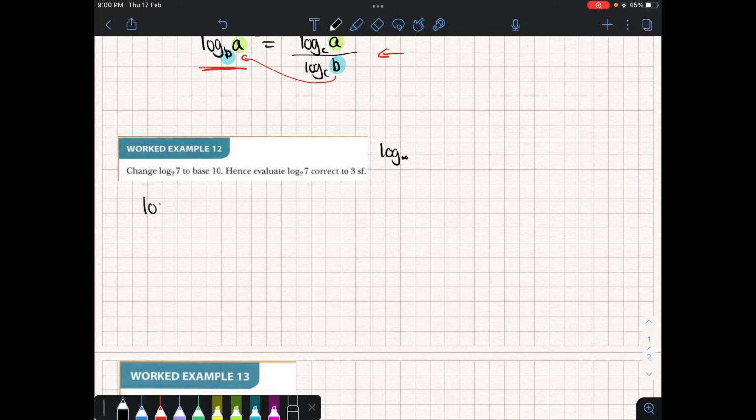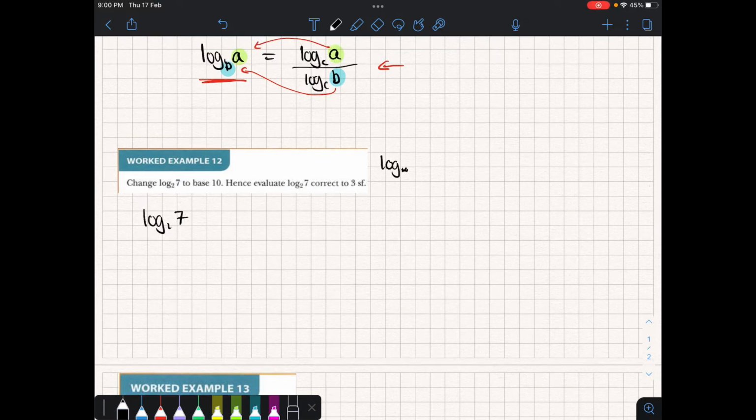So here we have log base 2 of 7, and we want to change this into something that is log base 10. Okay, so using our rule, we can create any base we want. The value is going to go to the top, and the old base is going to go to the bottom.